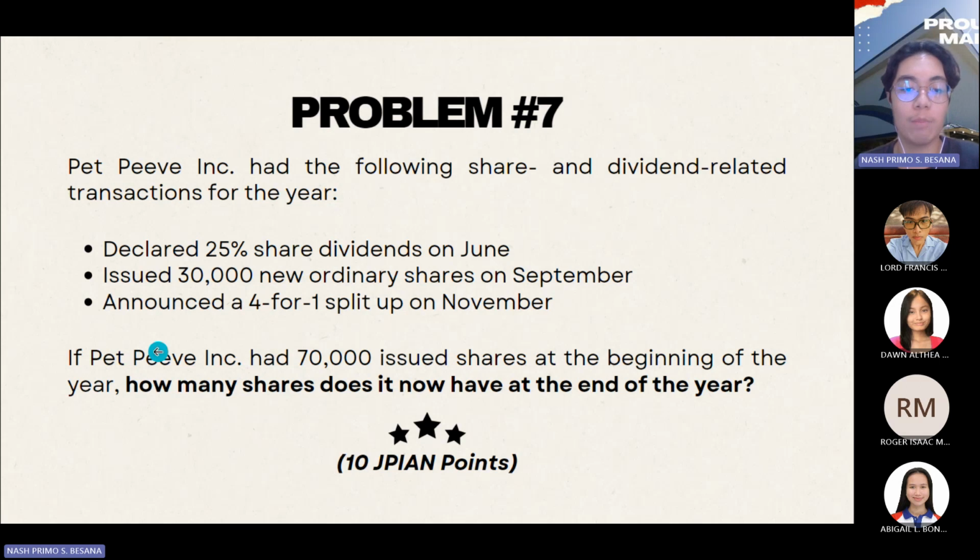If PetPeeve Incorporated had 70,000 issued shares at the beginning of the year, how many shares does it have now at the end of the year? So 70,000 daw yung una, tas nag-share dividends, nag-issue ng bago, at nag-split up. And then how much na daw yung current shares niya after nung tatlong transactions na yon.